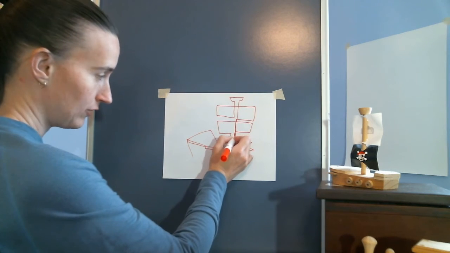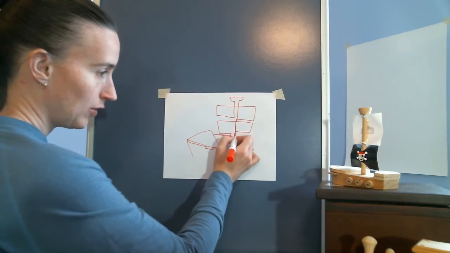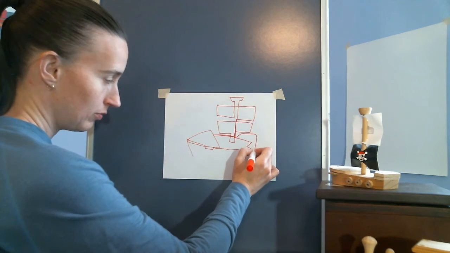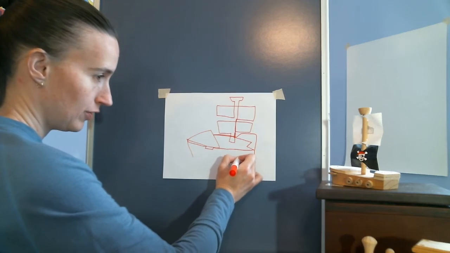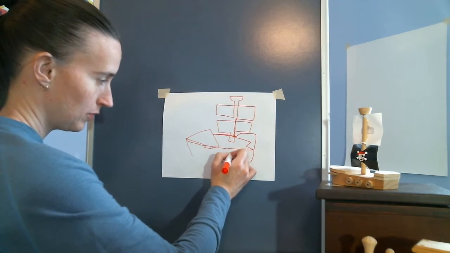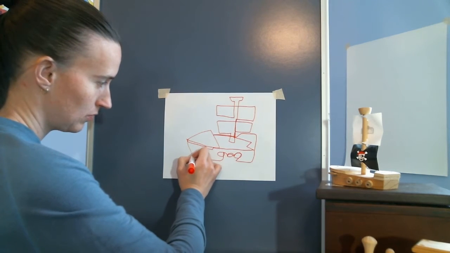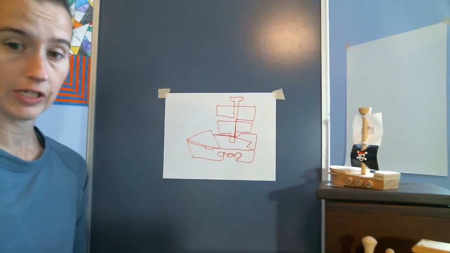See how I'm coming back down to do the rest of the deck? And then I'll cut back across and finish out the bottom part of the ship. So there is my first example.